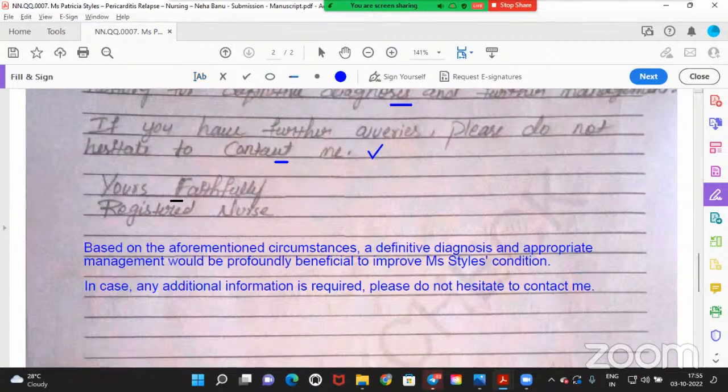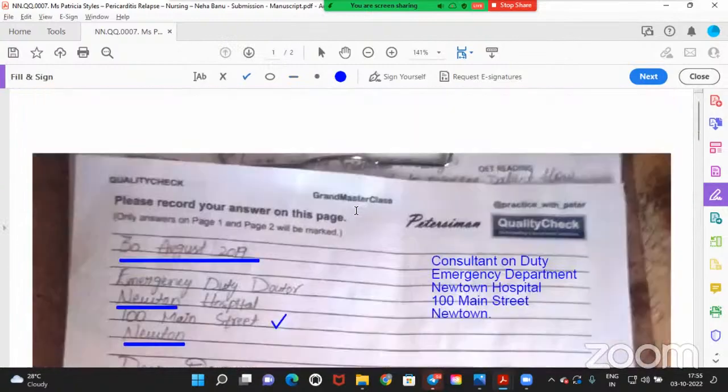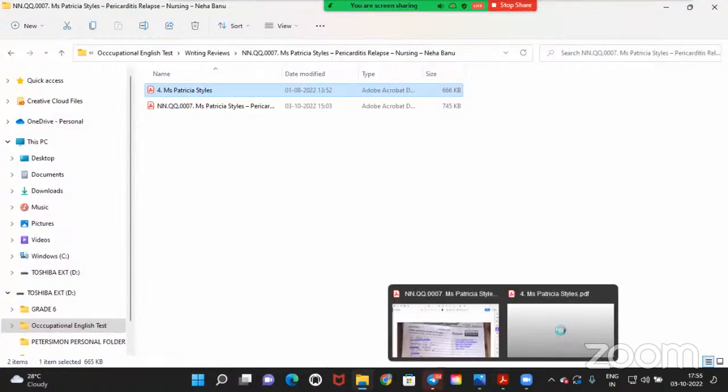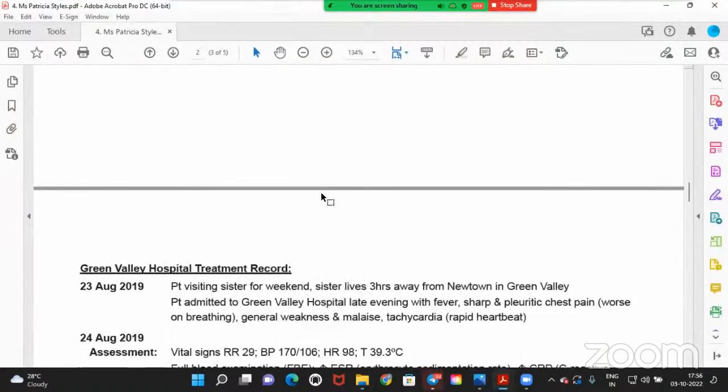Yours faithfully. No need for a capital letter. Why capital letter? Yours faithfully, registered nurse. Okay. Registered nurse. Where? Registered nurse.